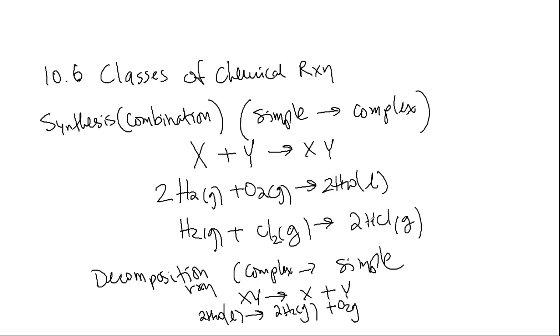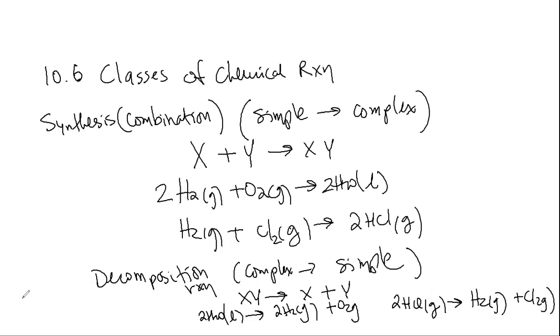Or you can reverse the formation of hydrogen chloride gas. Now you got 2 HCl gas decomposing into simple substances such as H2 gas plus Cl2 gas. There could be, of course, other different examples of the decomposition reactions.